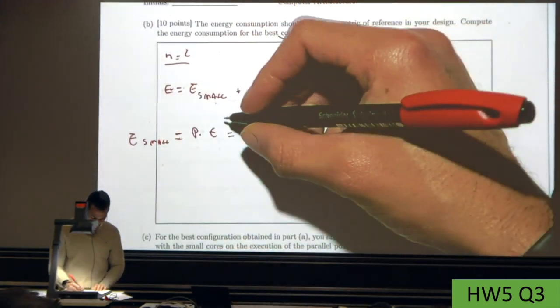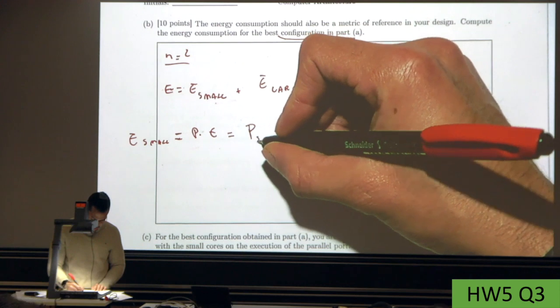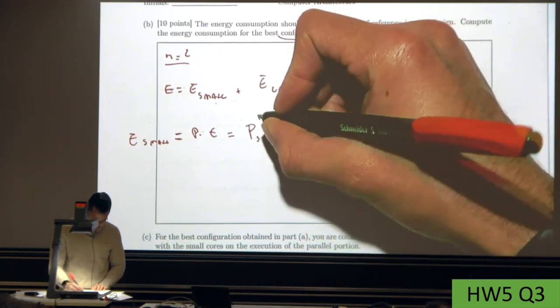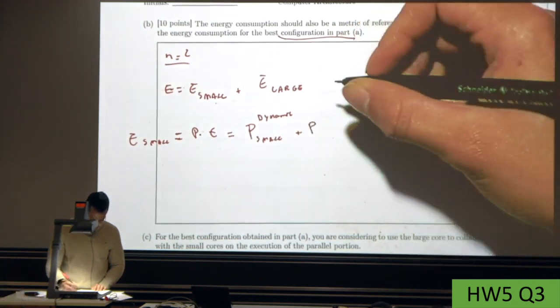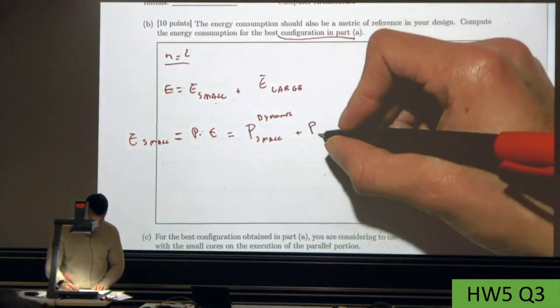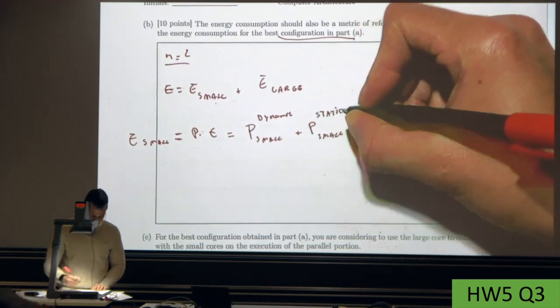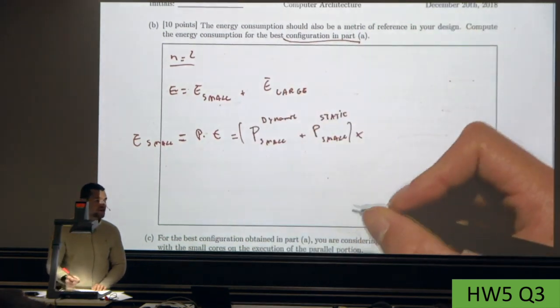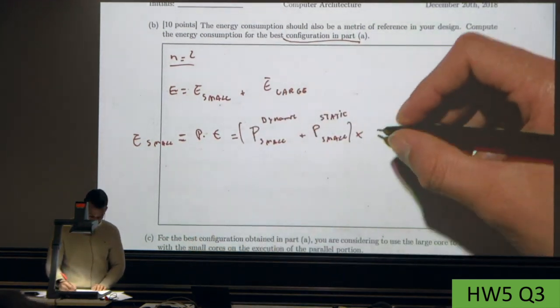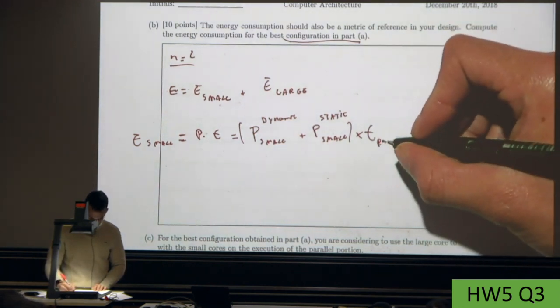So it's the dynamic power for the small core plus the static power for the small core, times the time that it takes to execute the parallel part, since the small core executes only the parallel part.